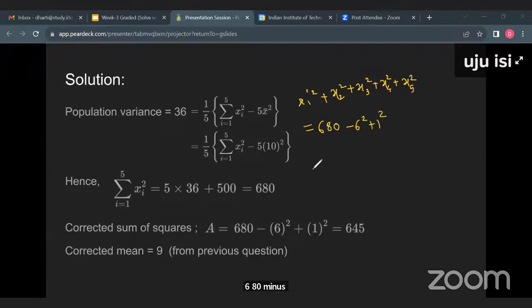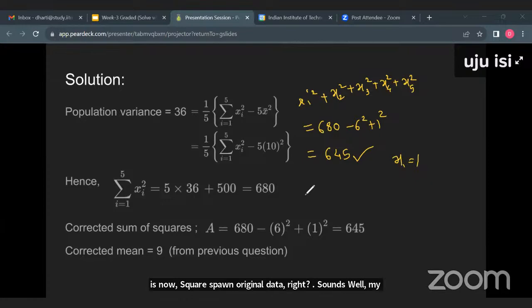This calculation gives me 645, which is the corrected sum of squares for the original data, where my x1 is equal to 1, not 6.